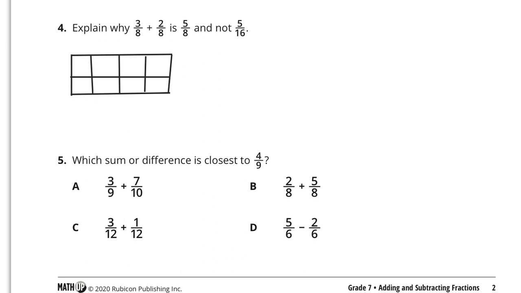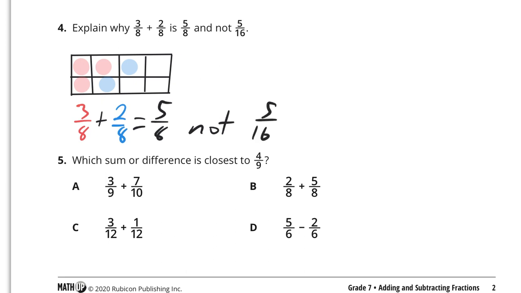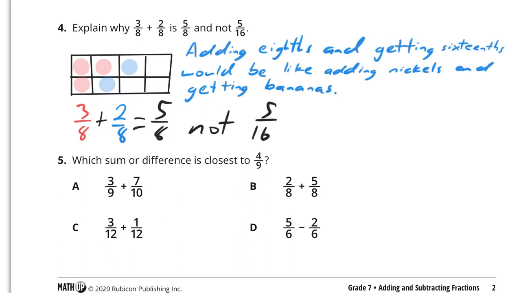But if I had 8 squares and I had 3 plus 2, we can see that's 5 squares, right? 3/8 plus 2/8 is going to be 5/8, not 5/16. To explain it, I might say something like this. Adding eighths and getting 16ths would be like adding nickels and getting bananas.